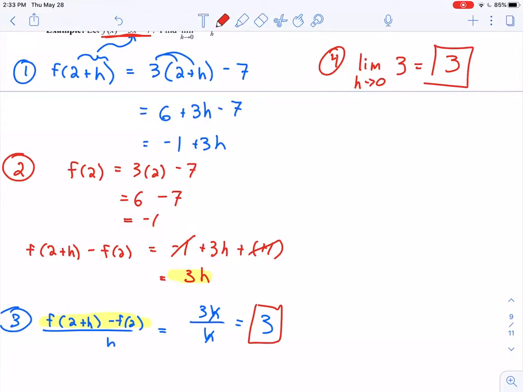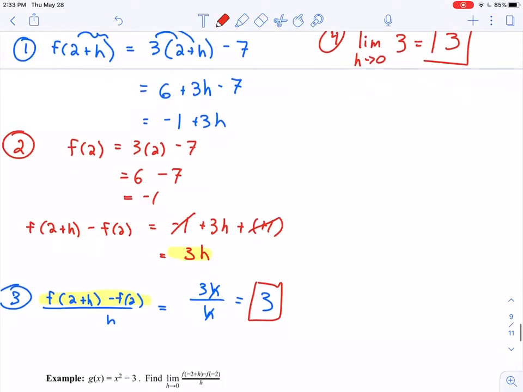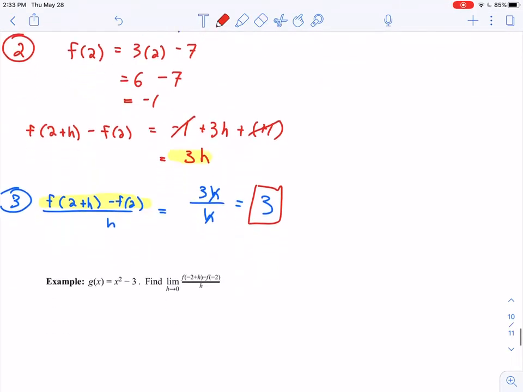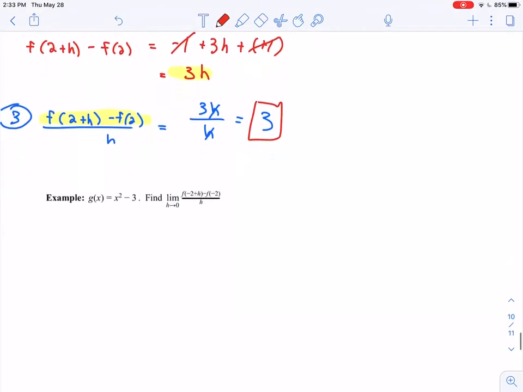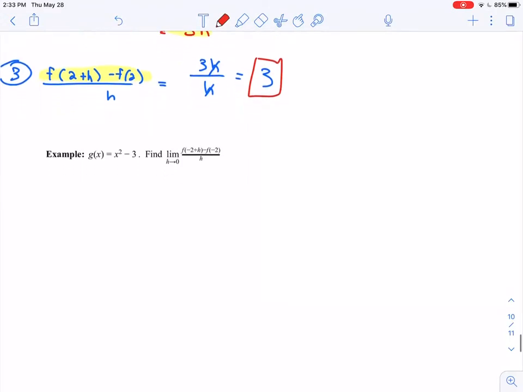So linear functions are, I actually think, kind of deceptively simple. They're almost so easy that they're a little bit more difficult. So I think a quadratic is probably a better example to show you the difference quotient here. So here I've got another function, g of x. This time g of x is x squared minus 3.